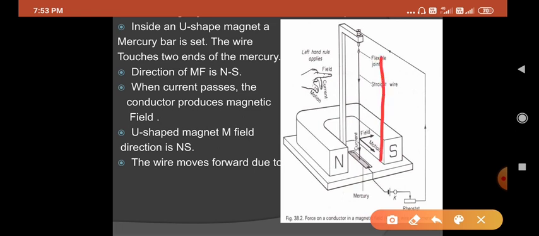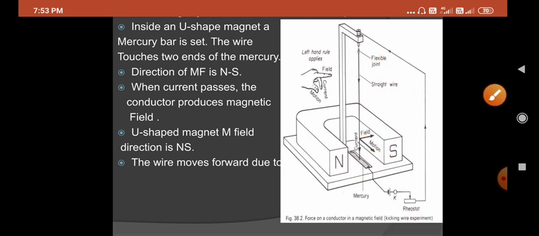You see, this is the direction of the current. By applying the right hand thumb rule, you will see that your curled fingers are in this direction. So the force acting on this conductor is in the forward direction. The conducting wire will move forward and come out from the mercury liquid.